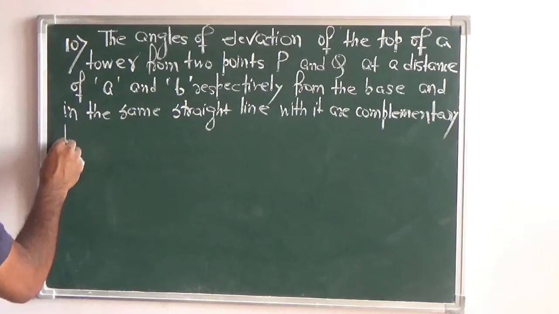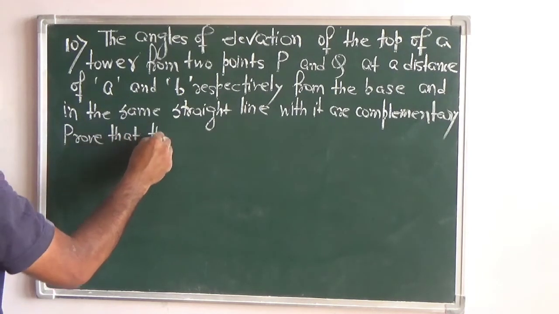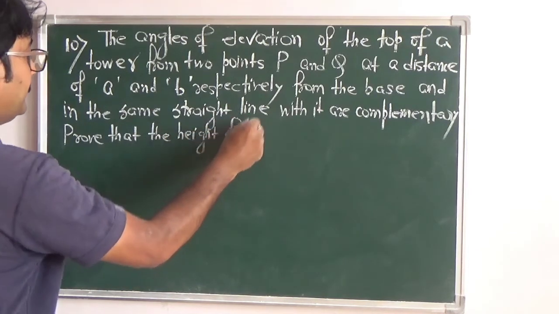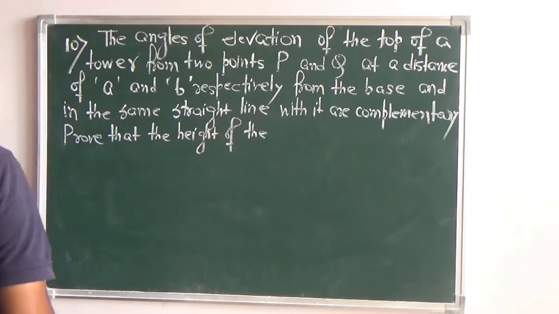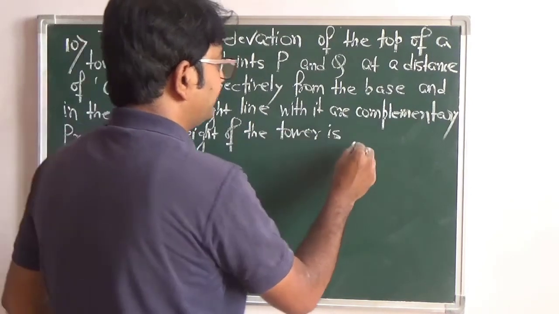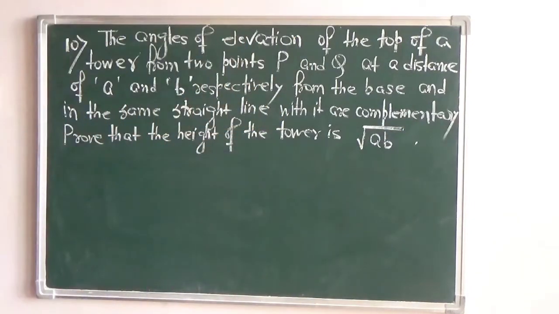Prove that the height of the tower is root over A into B.